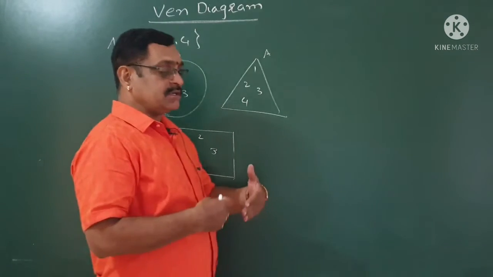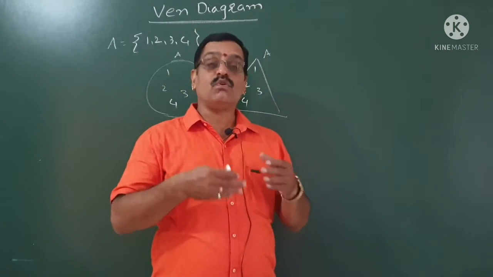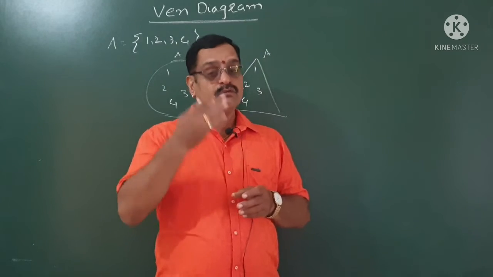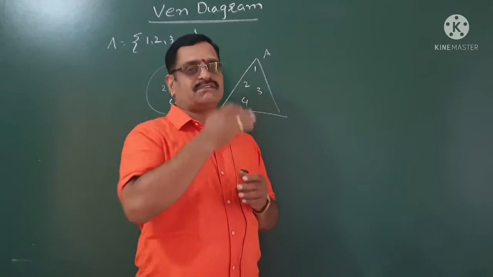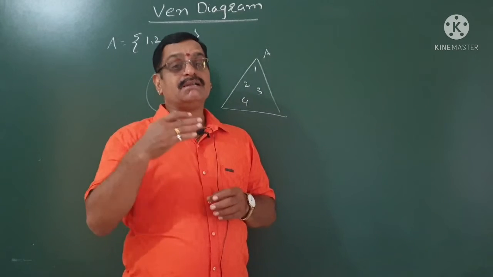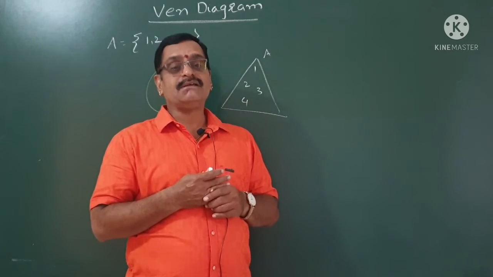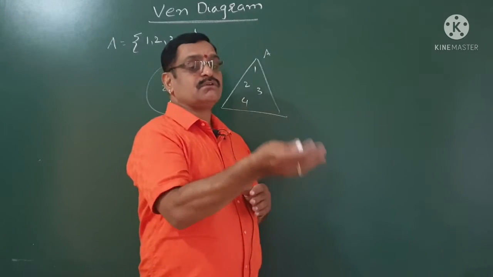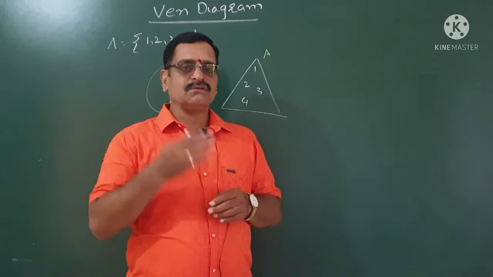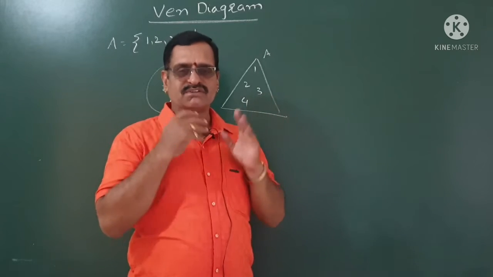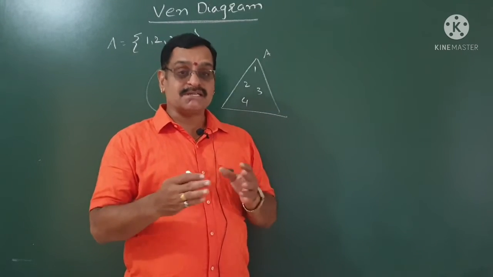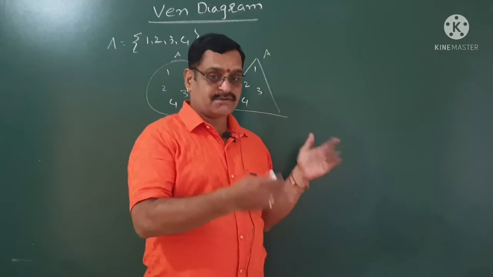But in maths literature, in most of the textbooks, we use rectangles for the universal set and circles for subsets of that universal set. So again, I repeat, a rectangle for universal set and a circle for subset.